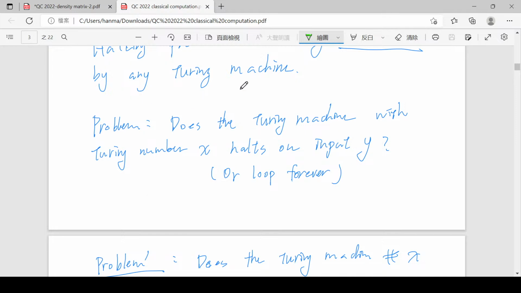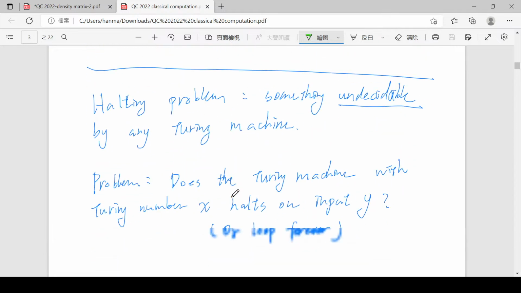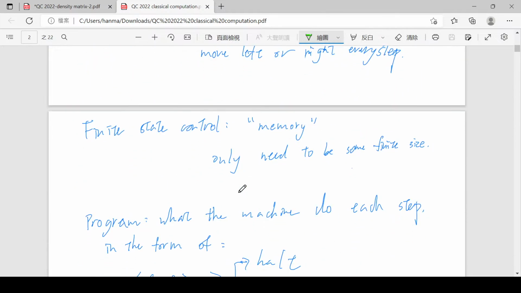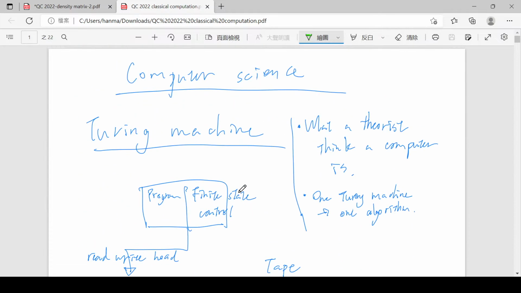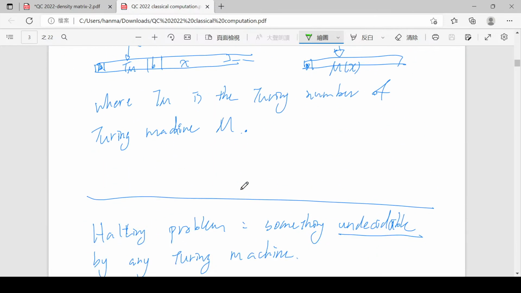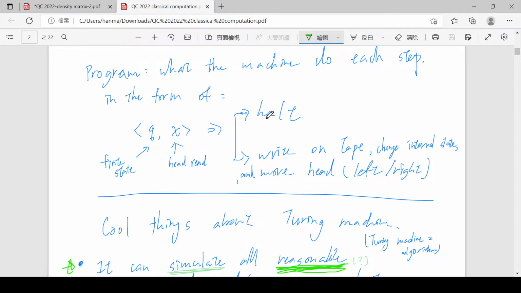So the problem is, we want to decide whether some Turing machine X will halt on input Y. Okay. Because a Turing machine, as we said, will halt at some finite state and head read pair.